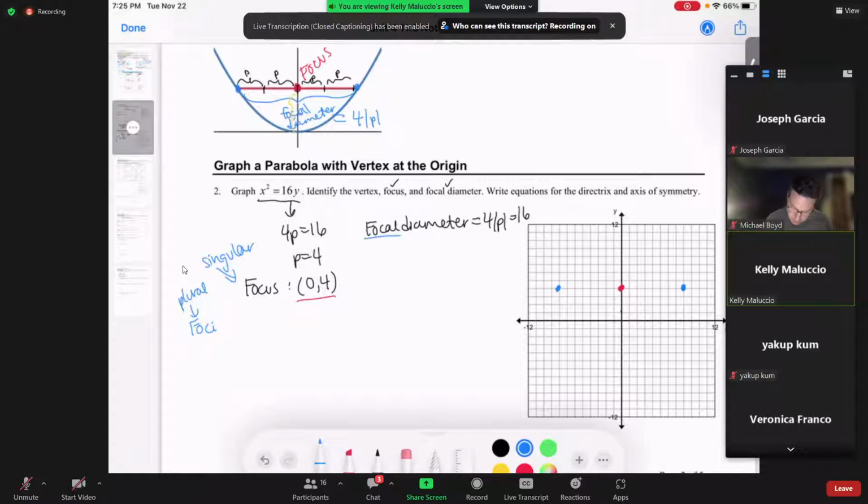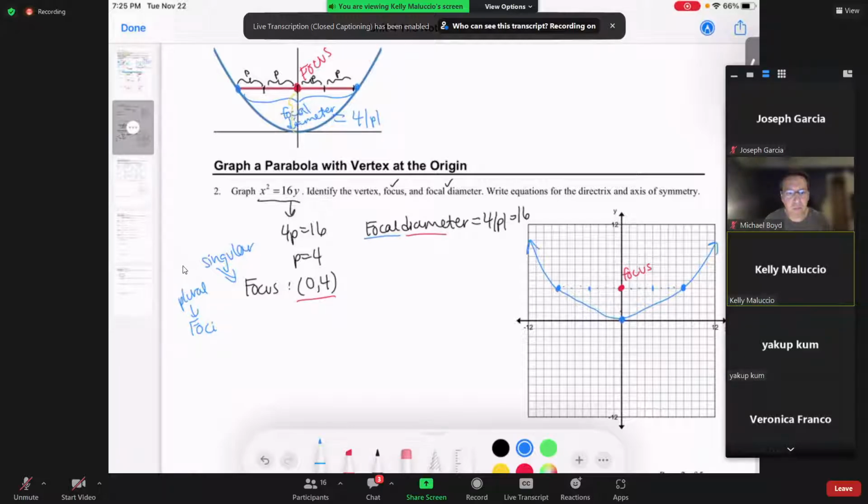And basically what I just did was I counted 4, 8, and then I counted from the focus point here. I counted 8 on each side, and I know I'm starting at the origin. So just by having my focus and my diameter that I graphed here, I can actually sketch this graph, and this parabola should look something like, okay, that's not the best sketch, but something like this. Does this look like half of the hyperbola? Oh yeah, it is.